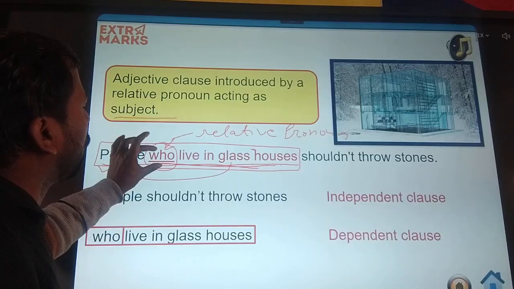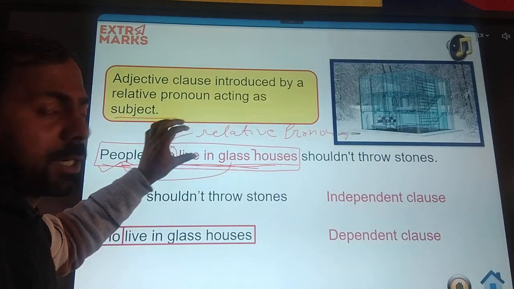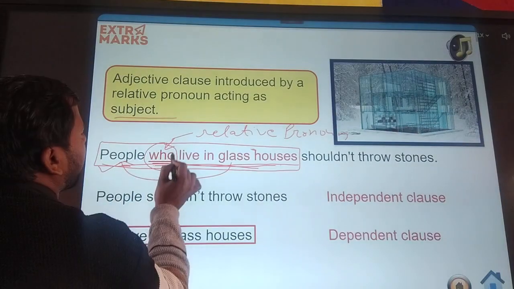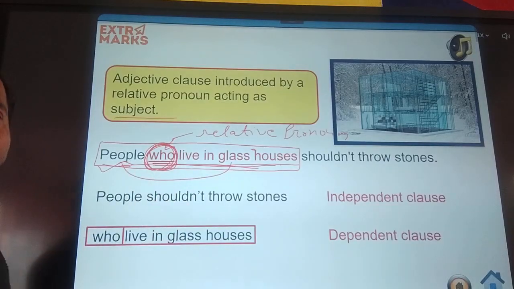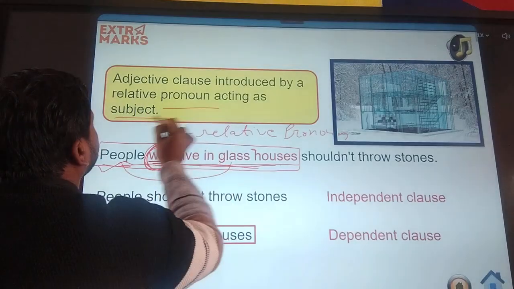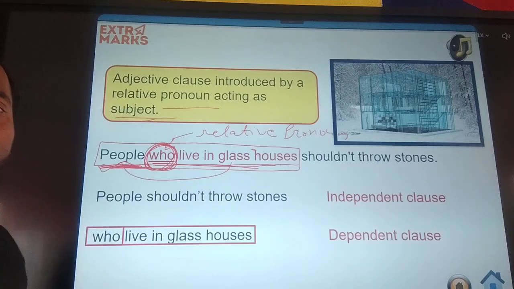Here "who live in a glass house" is an adjective part, the kind of adjective part that is added by the relative pronoun. And this relative pronoun acts like a subject with the main noun.